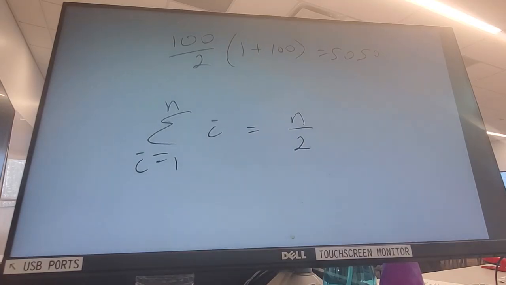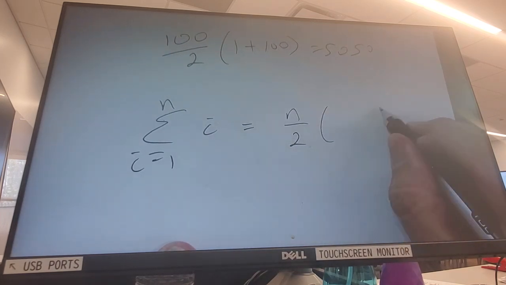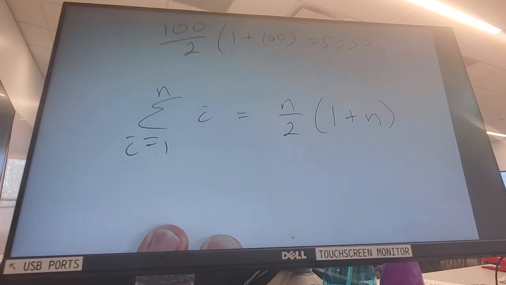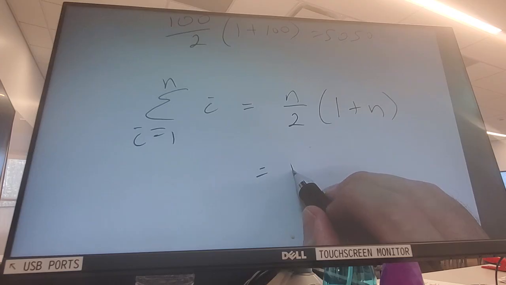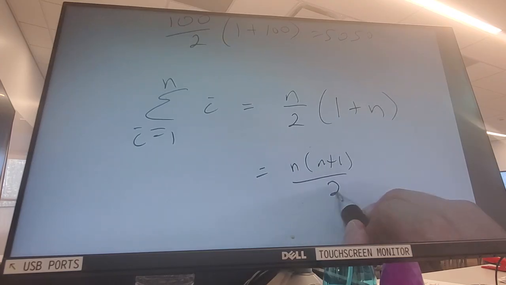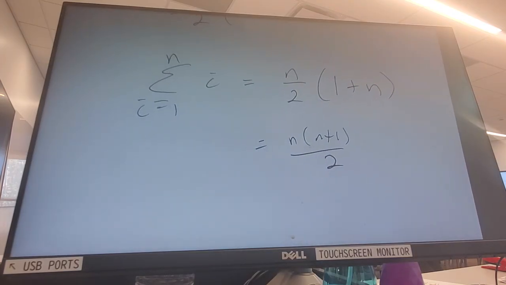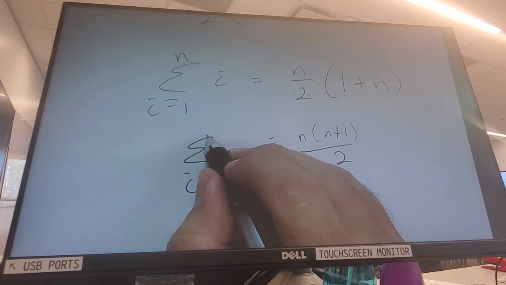Divided by 2, that tells me the pairs that add up to the same thing. And what do they each add up to? The first term plus the last term. So this is for anything. Then if I rewrite this a little bit, I get n times n plus 1, divided by 2. So that is what this sum is.